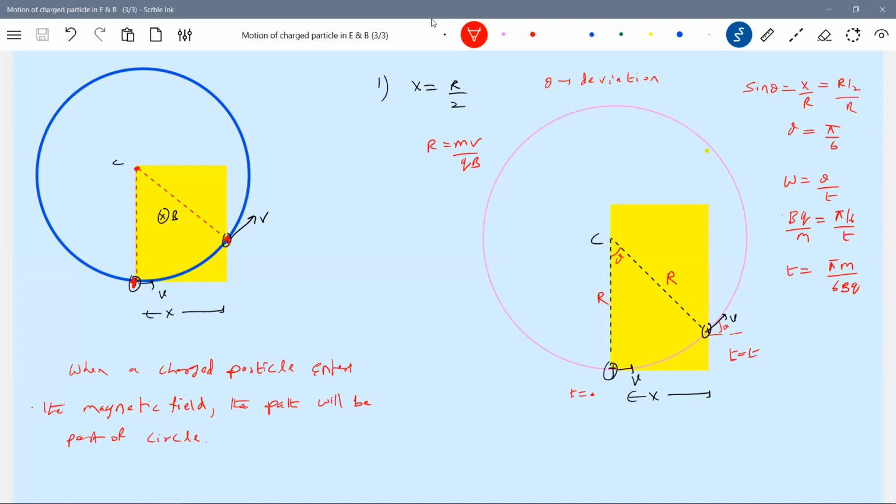Anybody, deflection? I'm testing your language. Deviation, deflection.